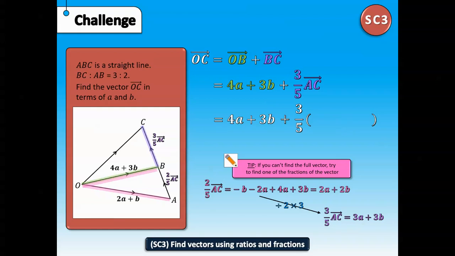So 3/5 of AC is 3a plus 3b. And then we can simplify it. So OC is 7a plus 6b.